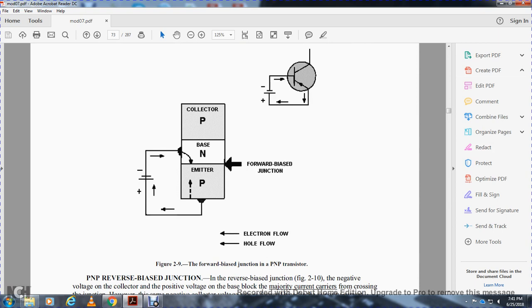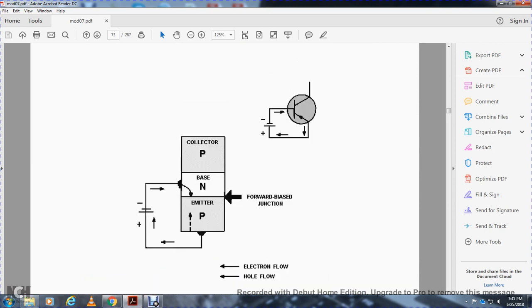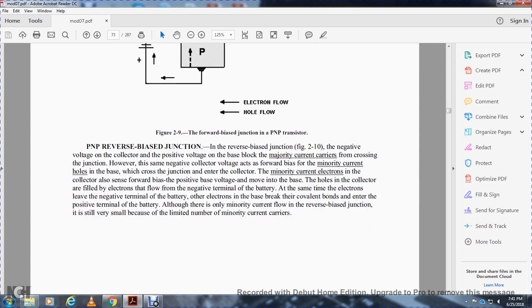Electron flow and hole flow go from the negative terminal to the base, and holes flow from the emitter. Now consider the reverse-biased junction, with the negative voltage on the collector and the positive voltage on the base. The majority current carriers are blocked from crossing the junction. However, the negative collector voltage across the junction acts as forward bias for the minority current: holes in the base cross the junction and enter the collector, and minority current electrons in the collector are swept toward the forward bias.